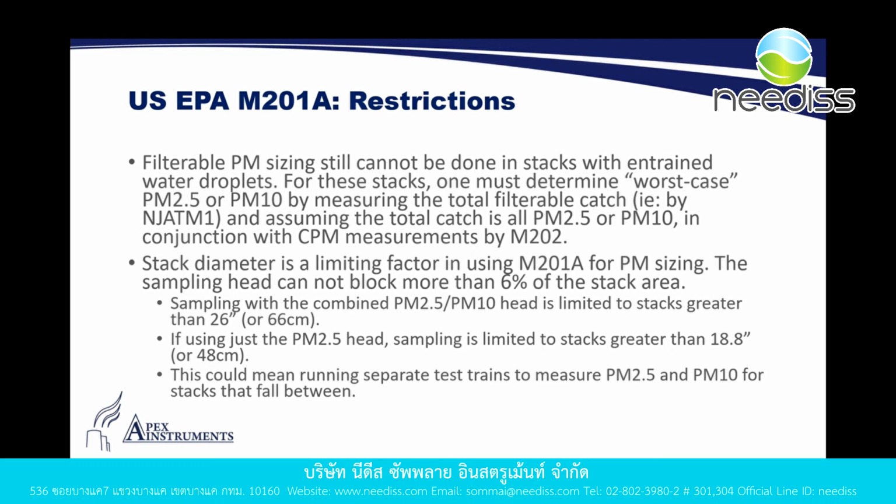So if you do have a stack that is between 48 and 66 centimeters, and your customer wants to do all three particulate sizes, then it would be suggested that you do PM2.5 as an individual cyclone, then do a second test as PM10 as an individual cyclone.